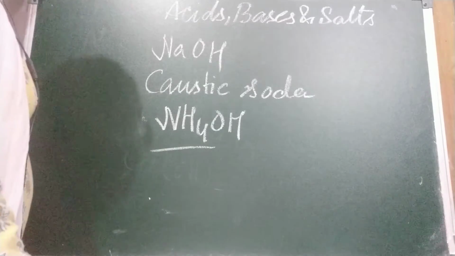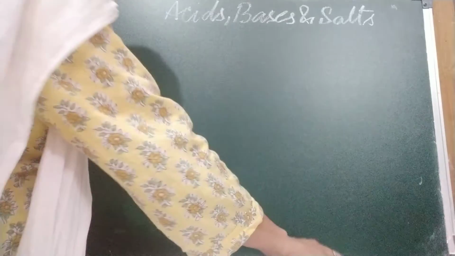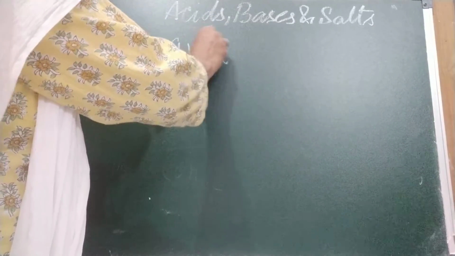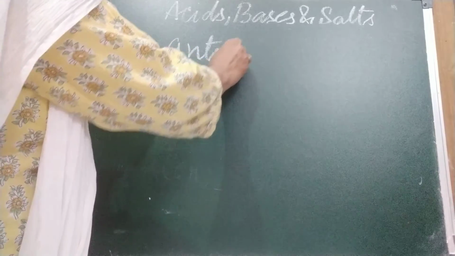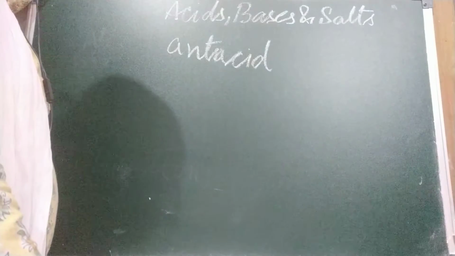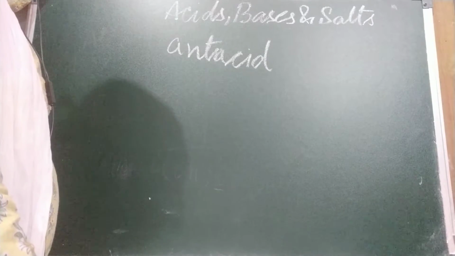Other bases which we use in our daily life, like antacid. When we have acidity, children, you know, hydrochloric acid present in our stomach helps in digestion of food. Too much acid causes indigestion and pain in the stomach.